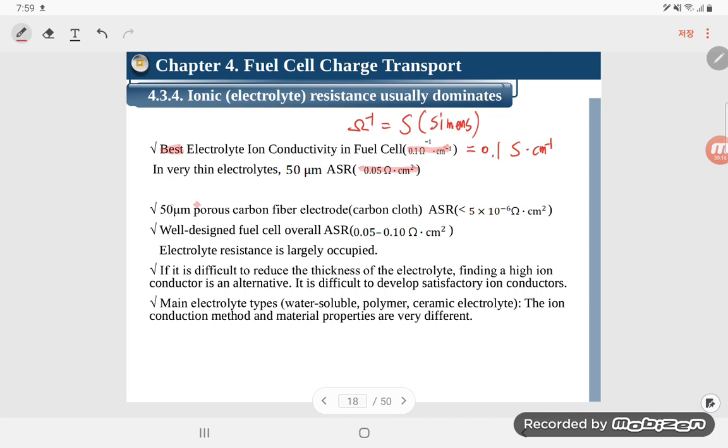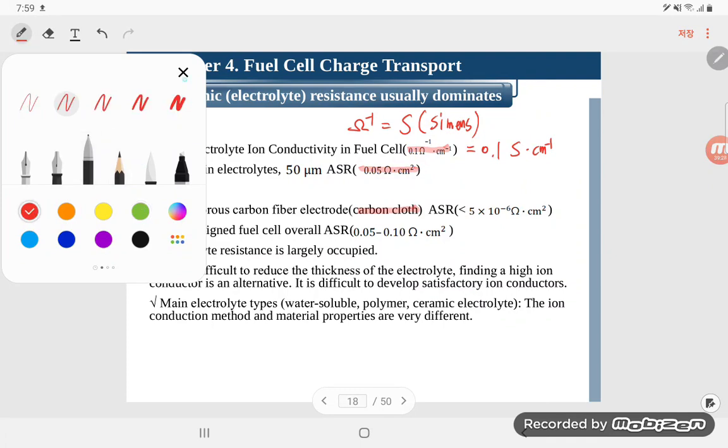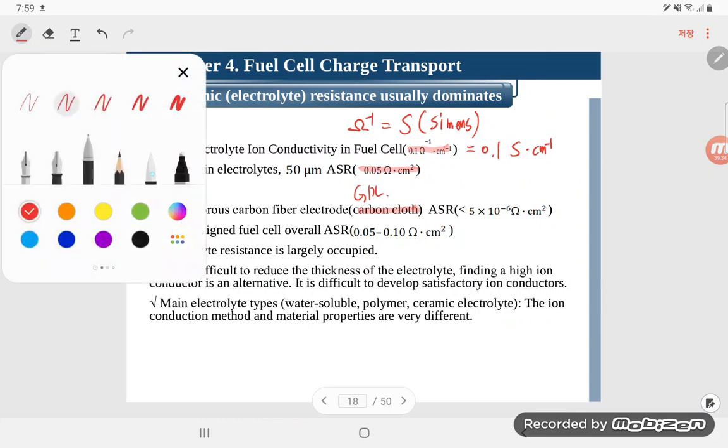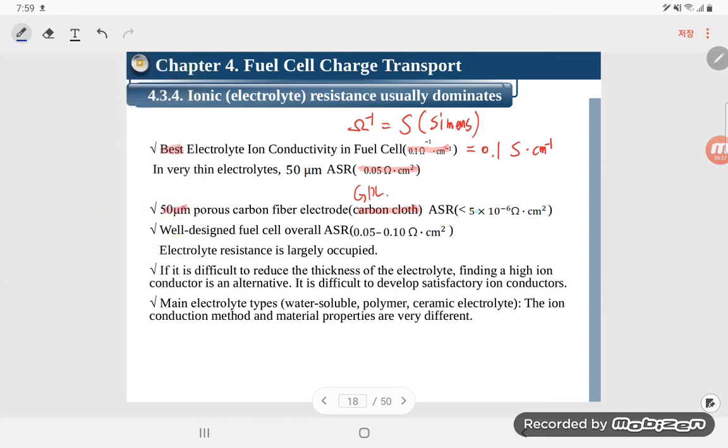And for a 50 micrometer porous carbon fiber, carbon cloth, that is not the electrode, just the GDL, the ASR is smaller than 5 times 10 to the -6. So the ASR is very different, and the ohmic ASR of the electrolyte is much higher than the GDL.